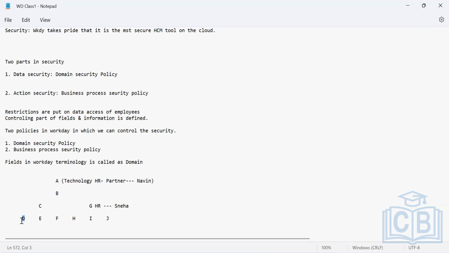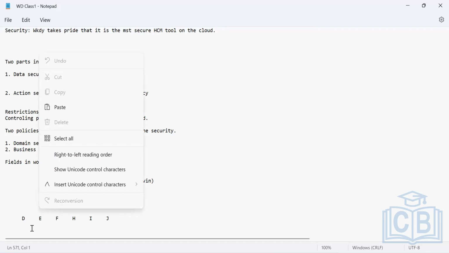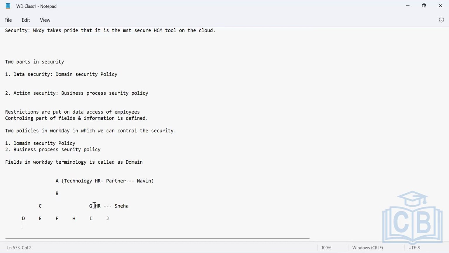Now, D will not have access to E's data. E will not have access to F. Similarly, E will not have access to D also, right? And the people who are below them, they will not have access to each other's data. Correct. But C will have access to D, E, F and the people who are reporting to them. G will have access to H, I, J and the people reporting to them.